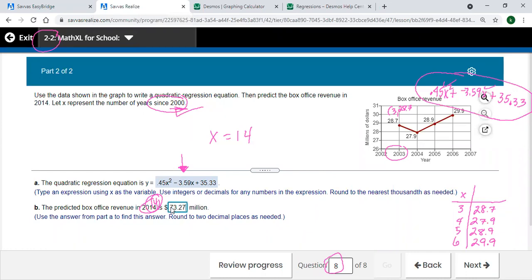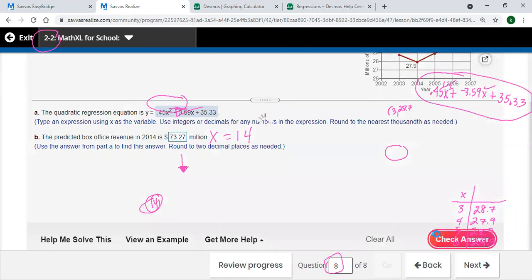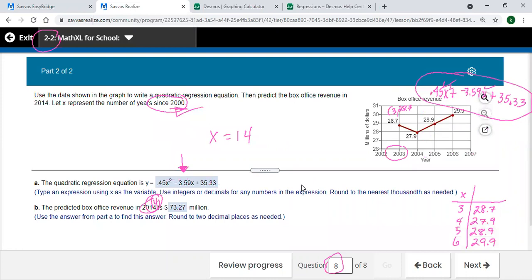And it said round to 2 decimal places, and we didn't need to round, so that should just be correct. There you go. That's how I would do lesson 2-2 Savas Math Excel homework.